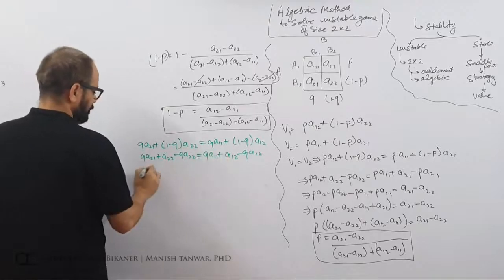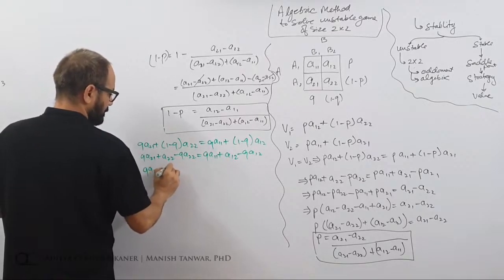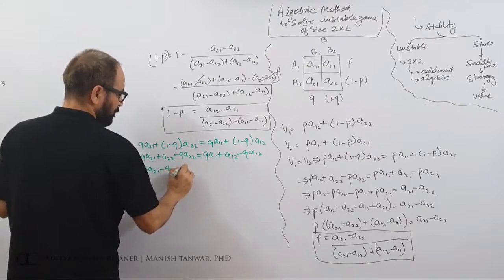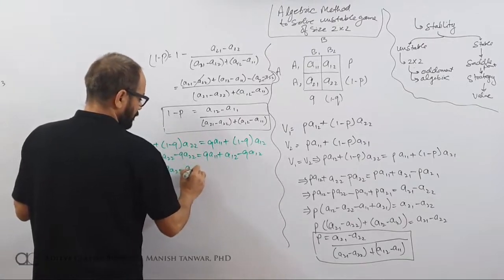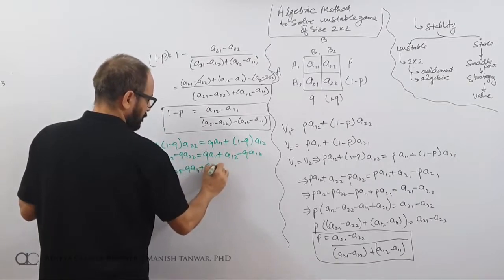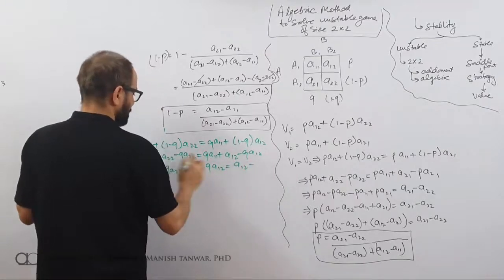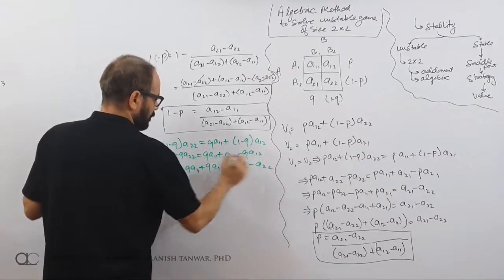If we bring Q's on one side, we'll get Q A21 minus Q A22 minus Q A11 plus Q A12. I am left with A12 minus A22.